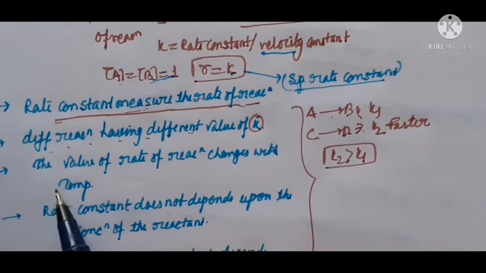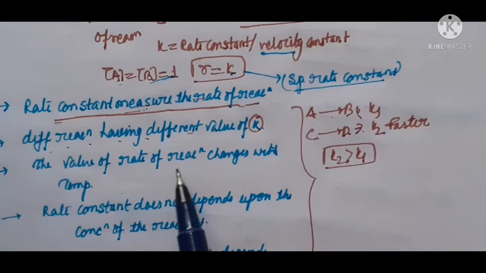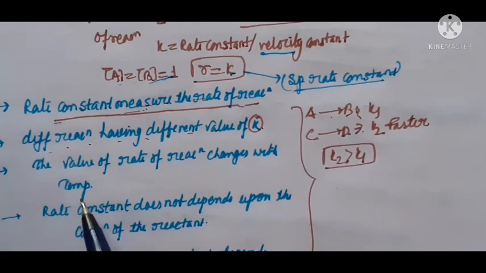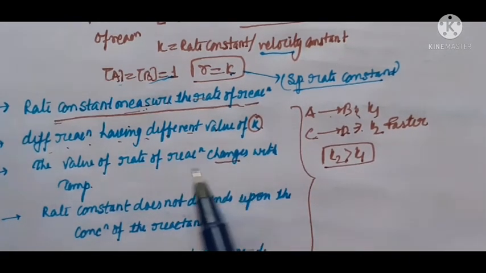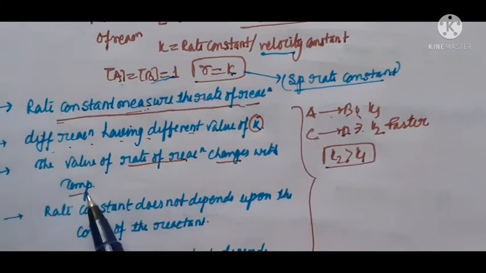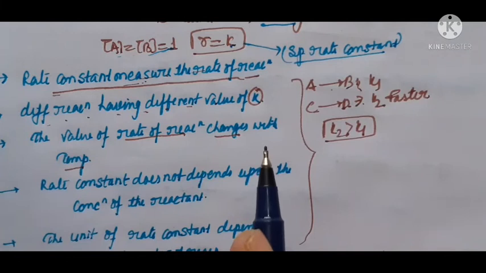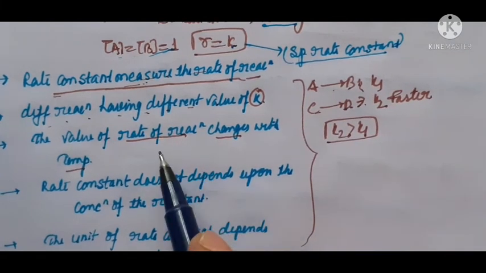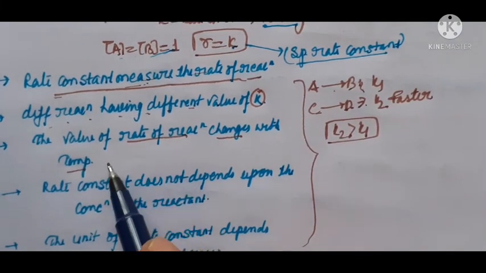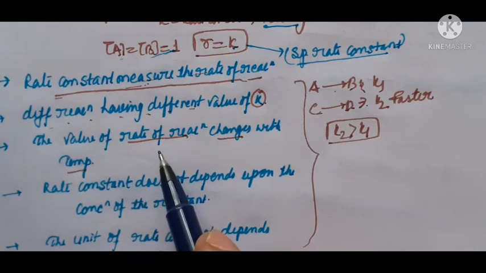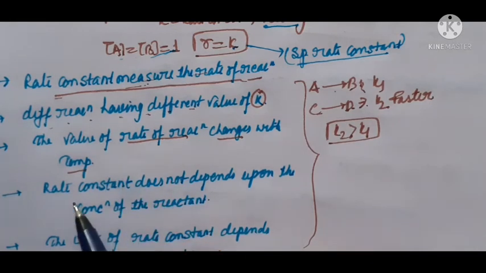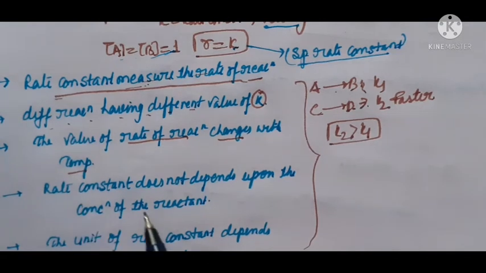Third point, the value of rate constant changes with temperature. As the temperature changes, the rate of reaction also changes. Fourth point, rate constant does not depend upon the concentration of the reactant.